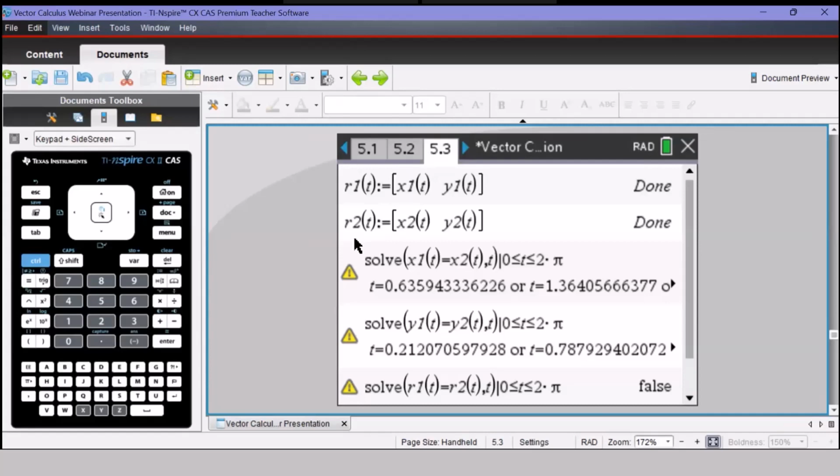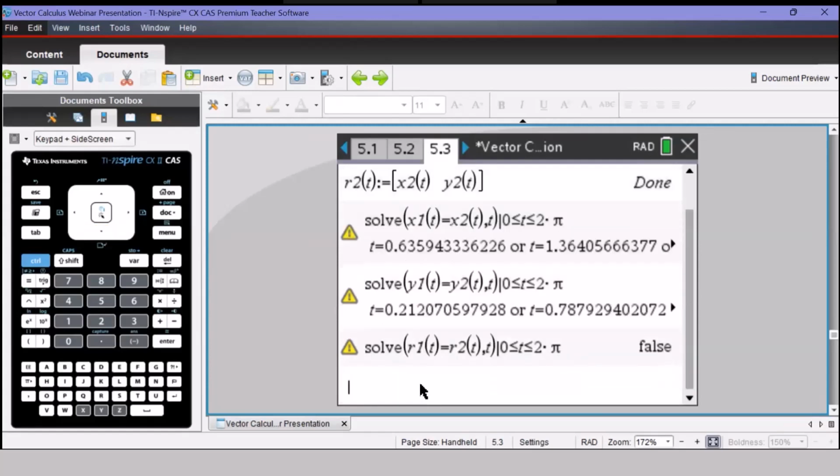What you can do is solve x1 of t equals x2 of t for t, and we can restrict t to between 0 and 2 pi. If I go down and then come up, we can see that they certainly have the same x coordinate at quite a few values of t. There's one, there's another one, and so on.